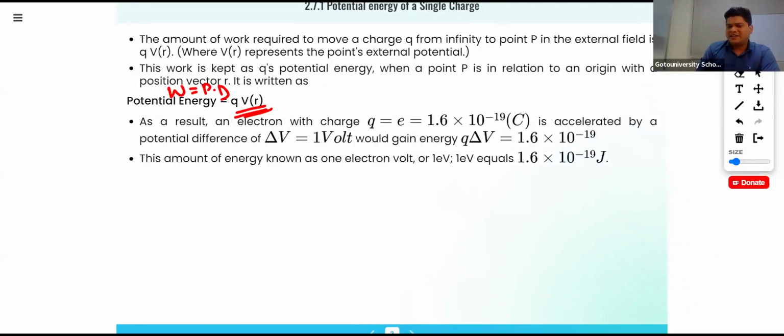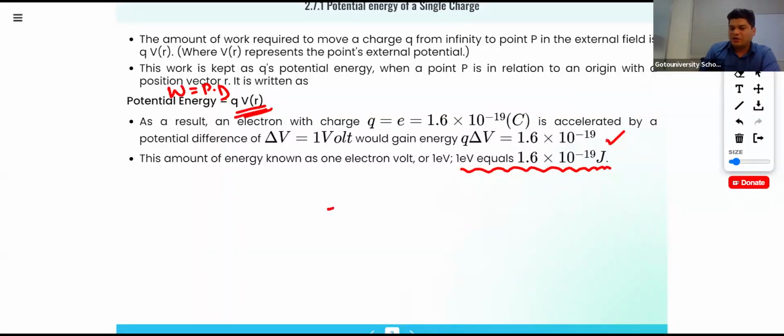Then we have, as a result, an electron with charge q of 1.6 into 10 raised to minus 19 coulomb accelerated by a potential difference delta V of 1 volt. It would gain energy q delta V, that is 1.6 into 10 raised to minus 19. This amount of energy is known as 1 electron volt, and 1 electron volt is equal to 1.6 into 10 raised to minus 19 joule.